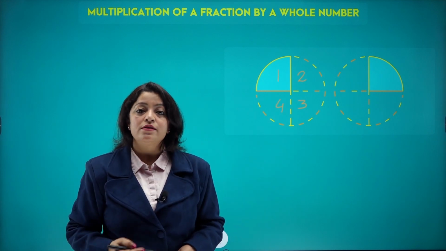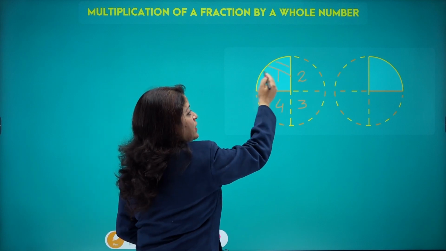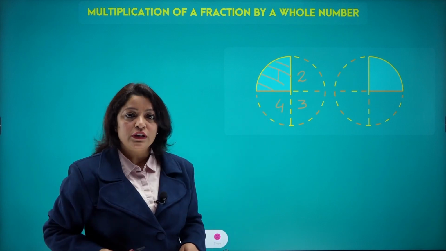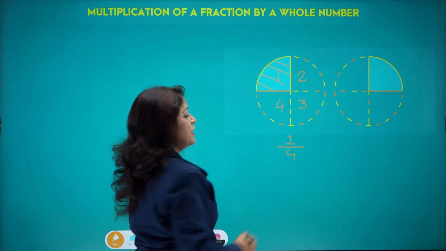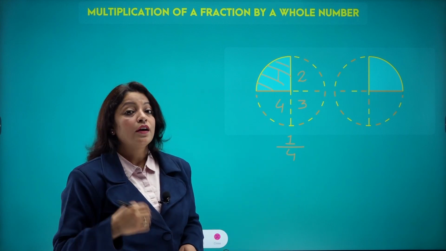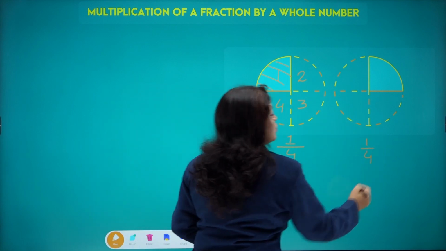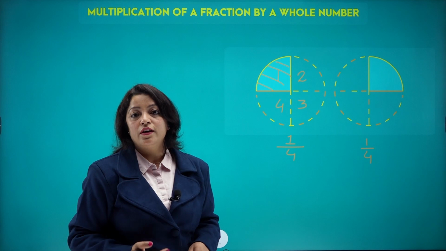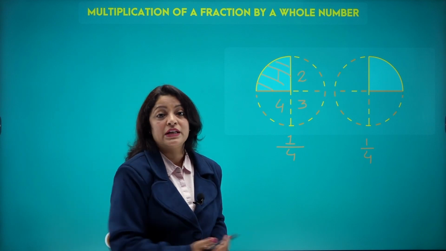And how many parts are shaded here? You can see just one part which is shaded, right? So in the first circle, one part out of 4 parts is shaded. In the same way, in the second circle also, one part out of the 4 parts is shaded. That means 1 over 4 is repeated.